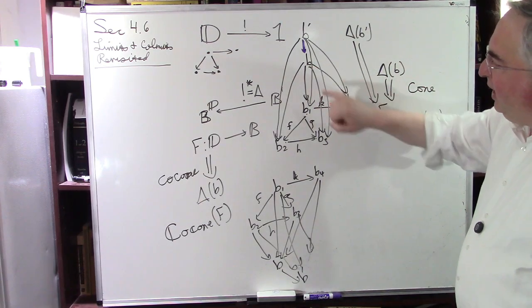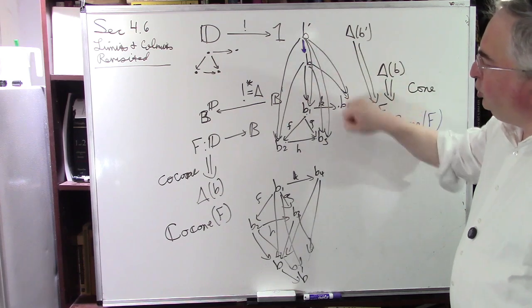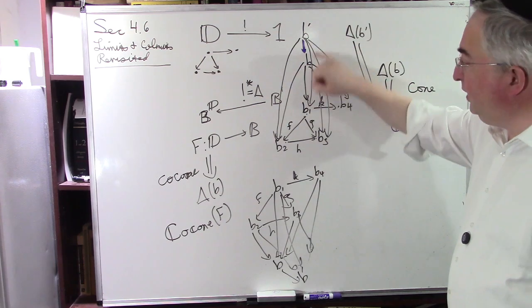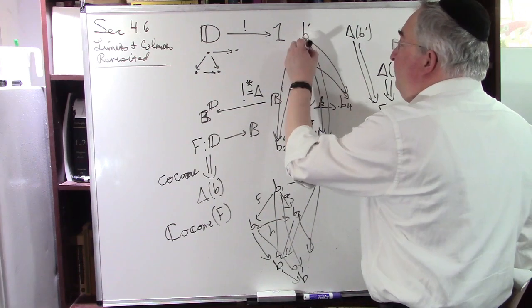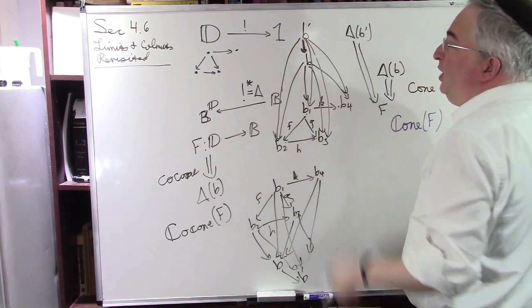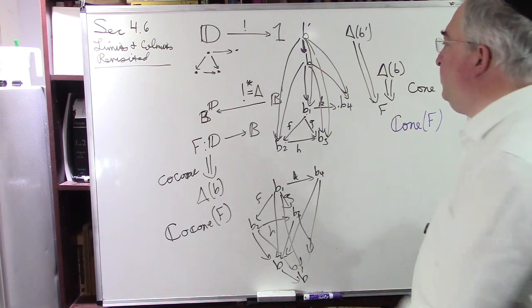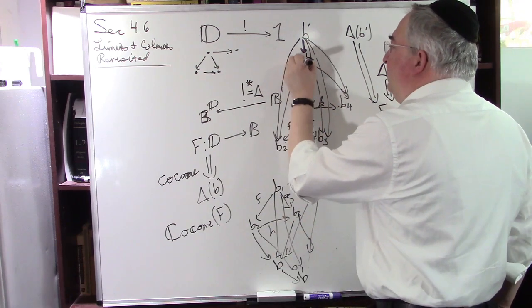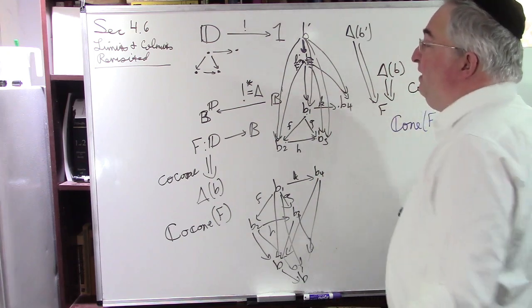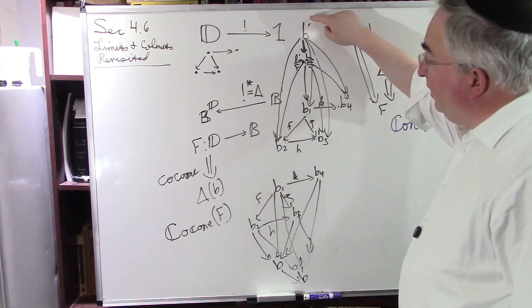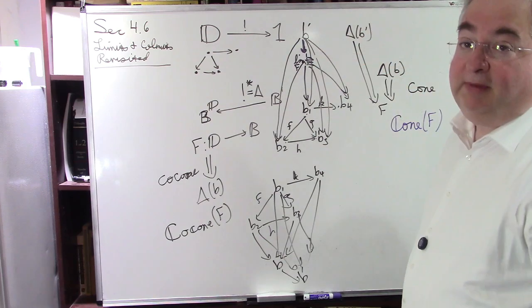In other words, if there's any other cone that fits very nicely, then there's a unique morphism from that other cone to this. So we're going to say B is a limit of the diagram F if, for any other cone, there's a map like that.